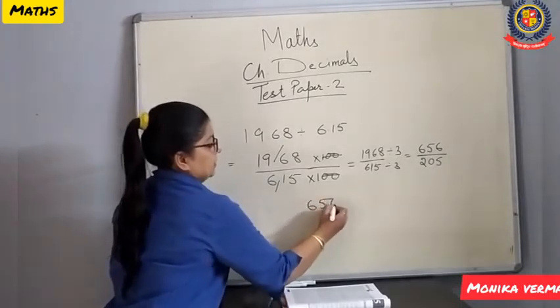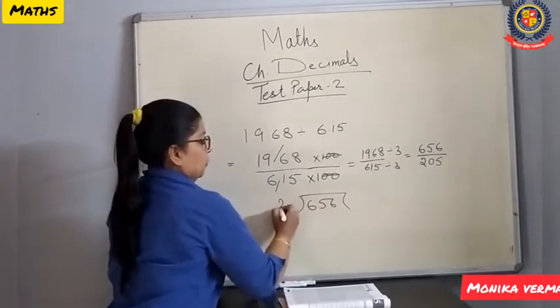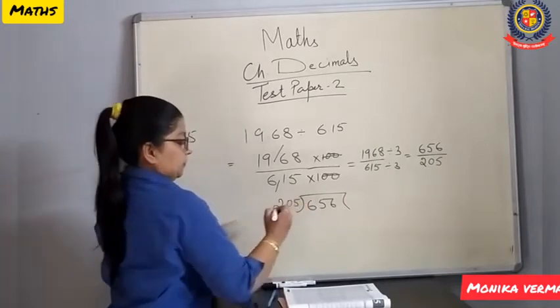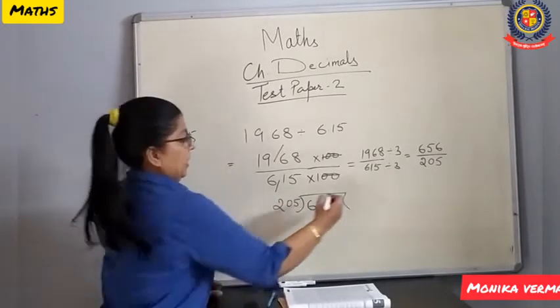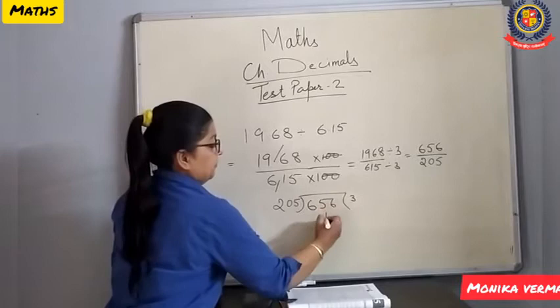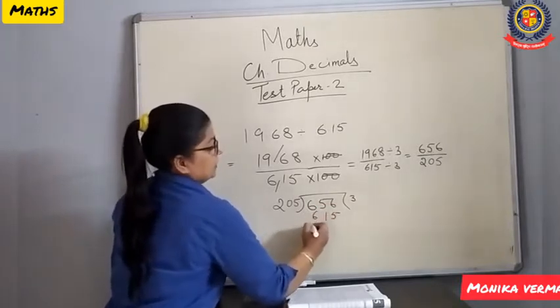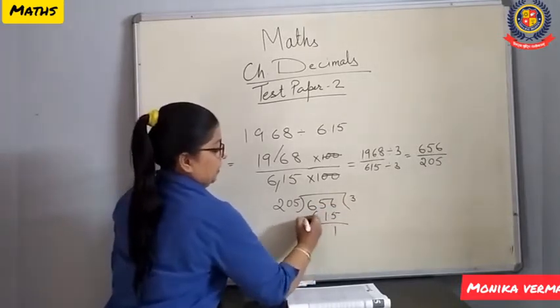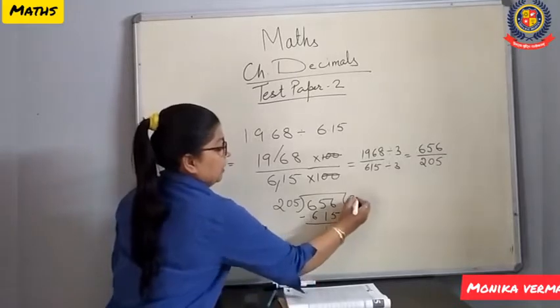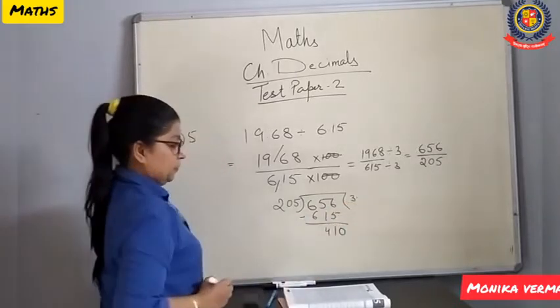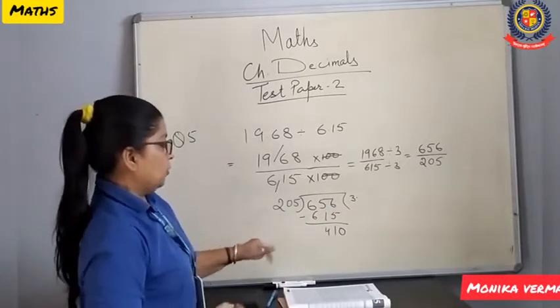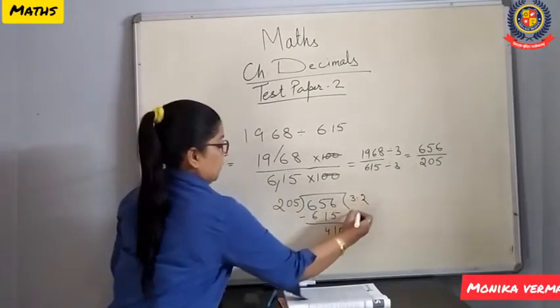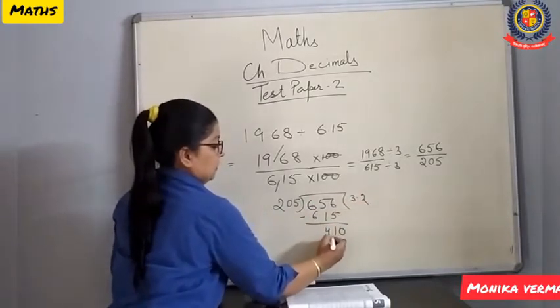656 divided by 205. I'll try it by 3. 5 3s are 15. 3 2s are 6. 6 minus 5, 1. 5 minus 1, 4. I'll put a decimal, I'll put a 0. Now 2 2s are 4, 5 2s are 10.